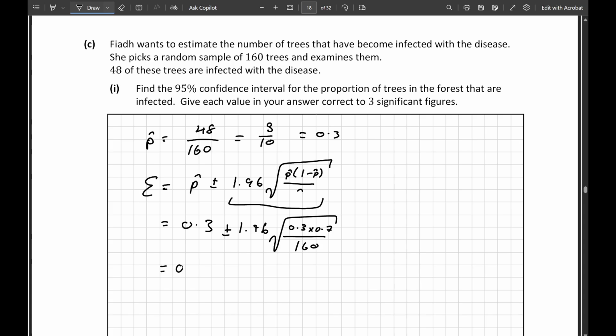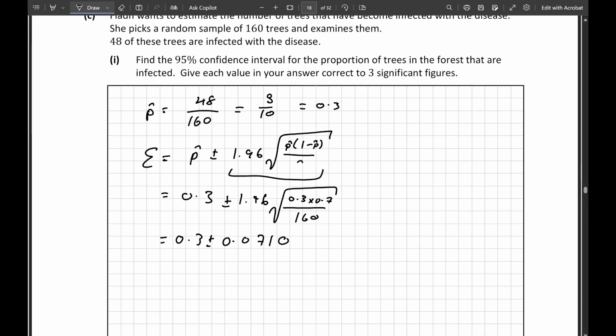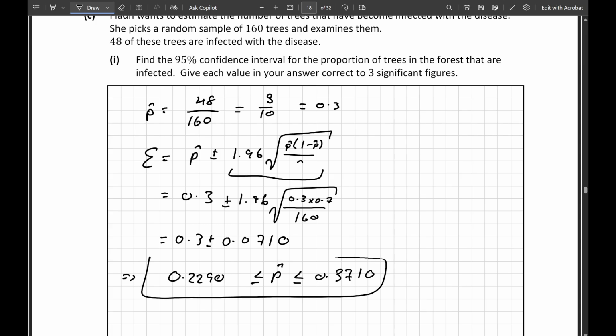So it's 0.3 plus or minus 0.0710. So that implies that p hat lies within the following region. It's either 0.3710 or it's 0.3 take away 0.0710, which is 0.2290. So that's that 95% confidence level.